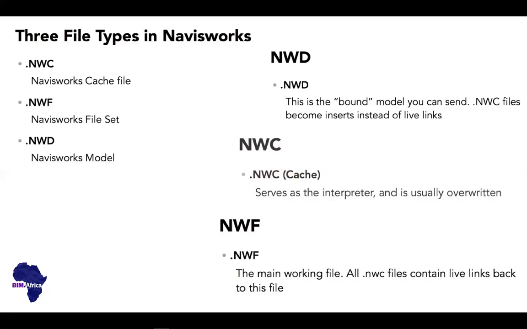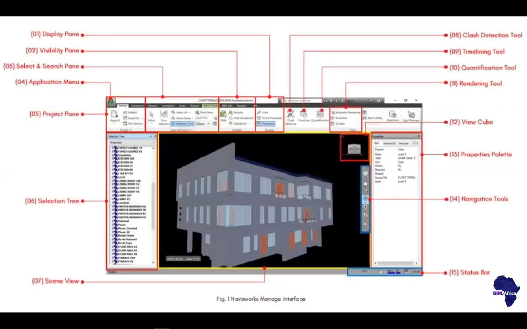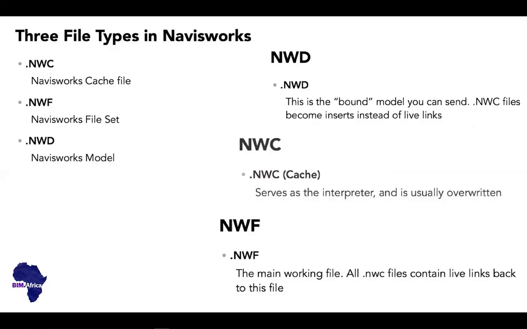So it means if I open a Revit file on my Navisworks, it automatically creates an NWC file. And then I can save an NWF that has a live link to that NWC file. The NWC file, the Navisworks cache file, is the interpreter between Navisworks and the third-party app, Revit, SketchUp, and other software extensions.